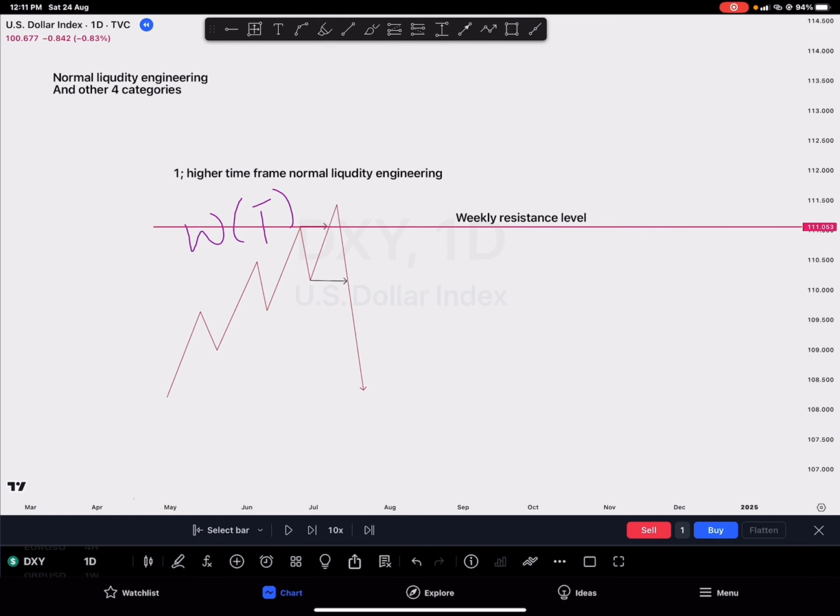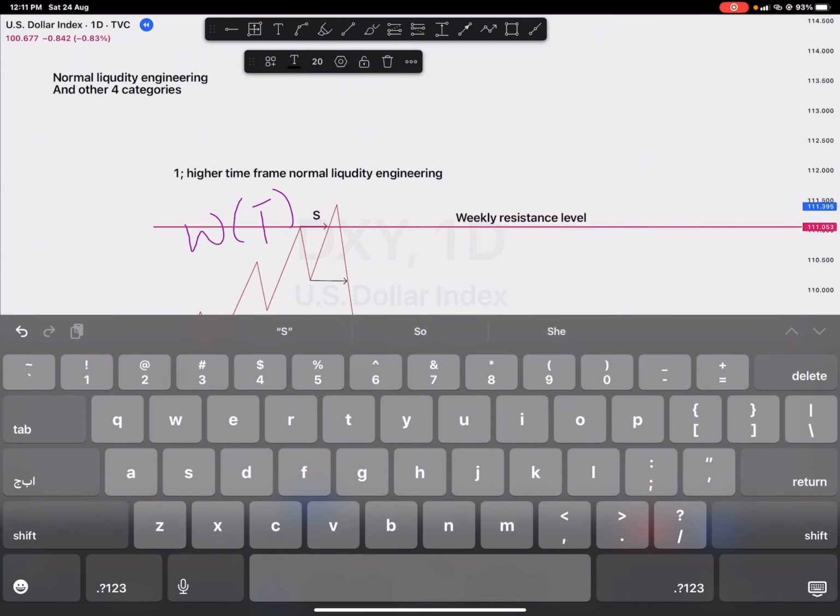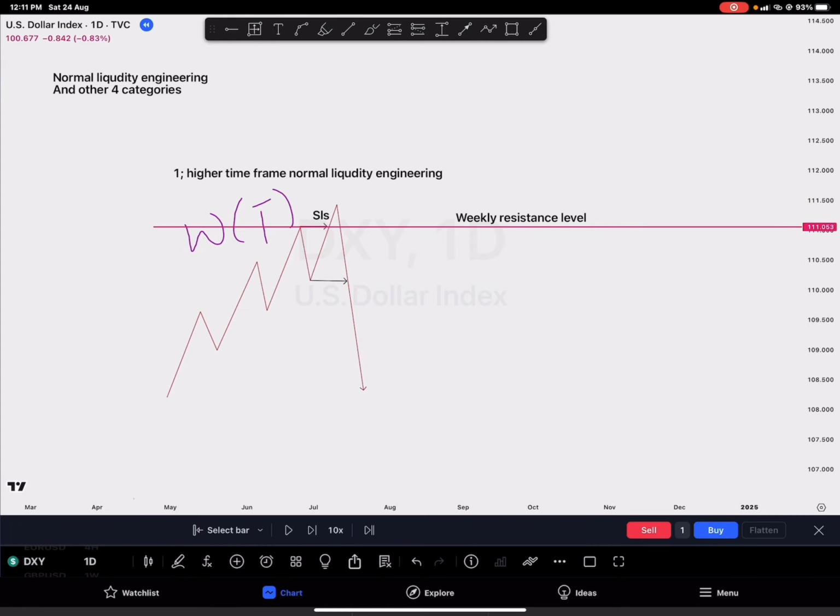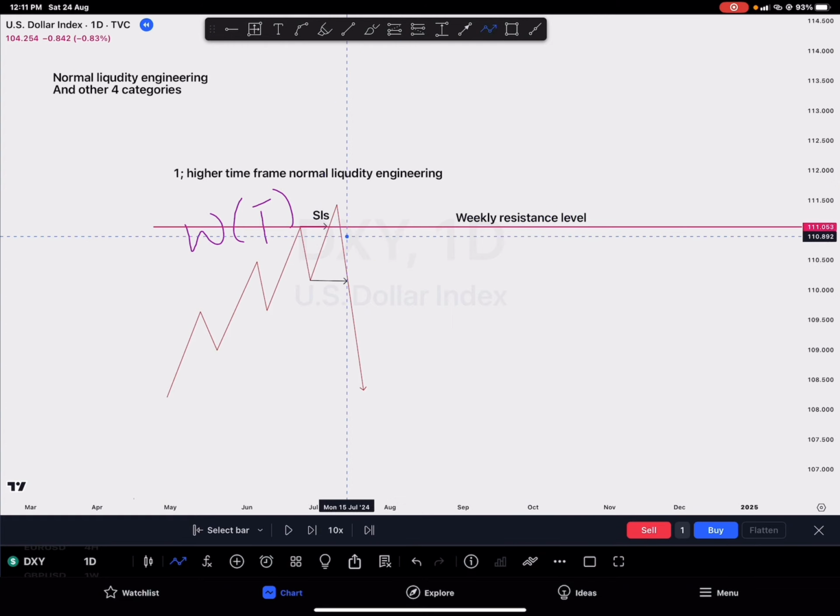For the weekly resistance level, we have sellers who have been selling from this level here. After those sellers sell from this level, price takes out their stop losses, because this is a place where we have stop losses above. So price comes to take them out from that resistance level.